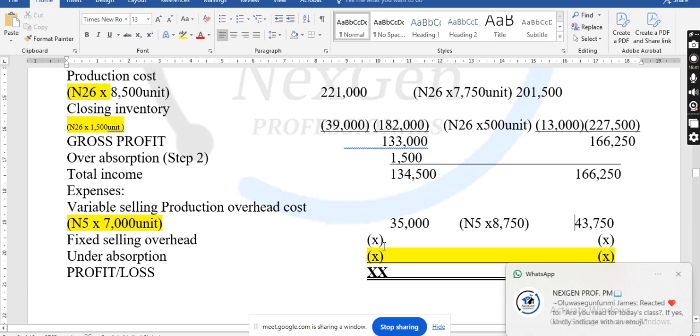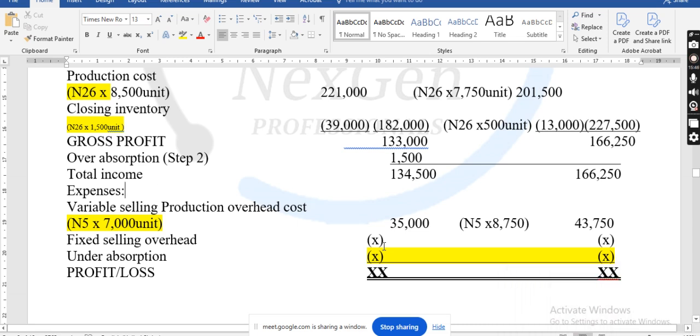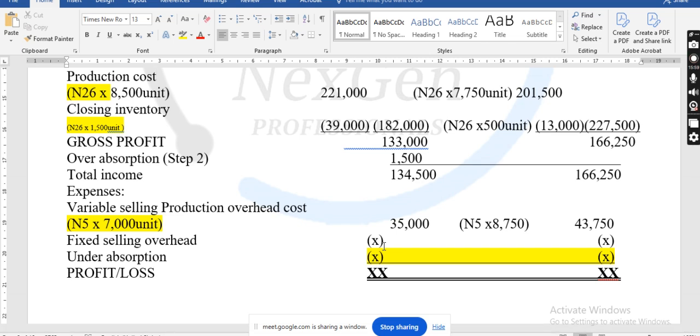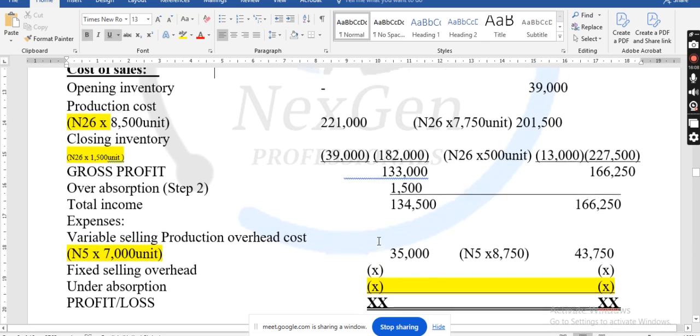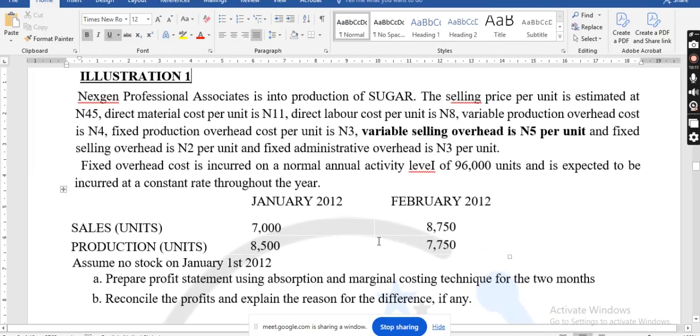So what next? Variable selling is also given in the question. It is an expense, right? Please don't come and add your variable production overhead again, because you have used the variable production overhead to determine your over and under absorption. It's only expenses that you bring in, class. The variable selling is based on sales, not production.